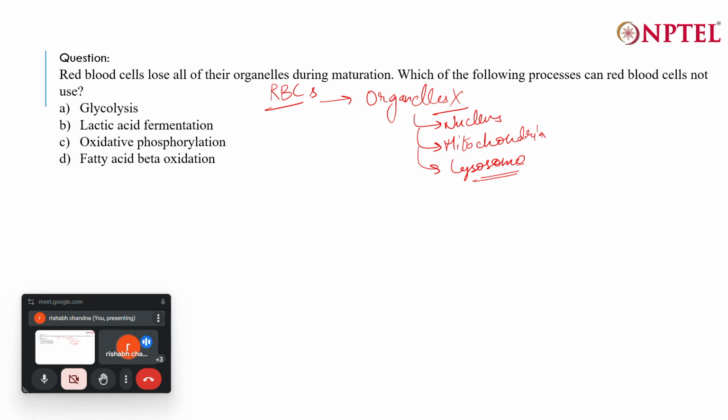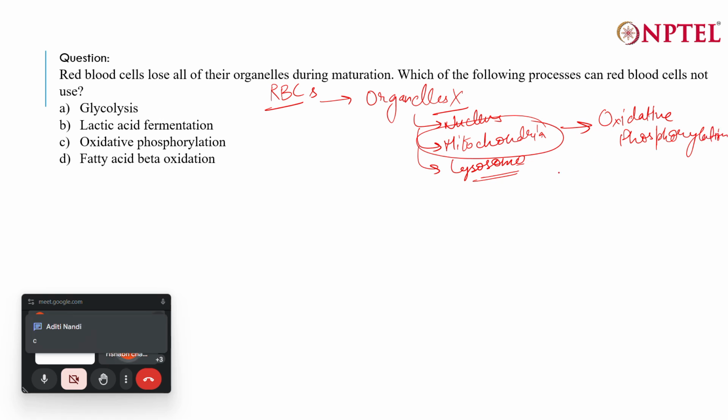If there is no mitochondria, that means there will be no oxidative phosphorylation, and there will be no beta oxidation, because both of these take place in mitochondria. So options C and D will not be present in RBCs.